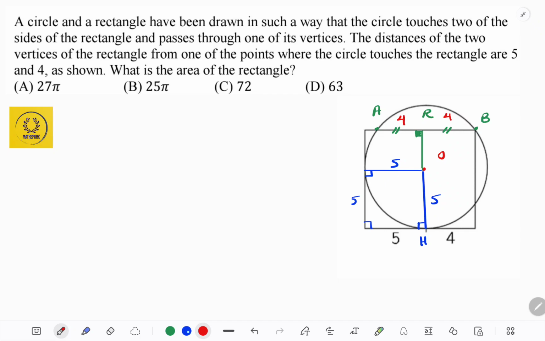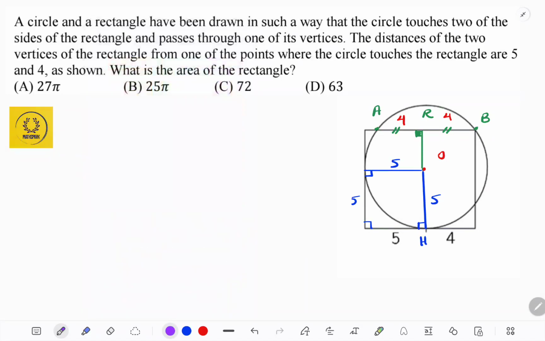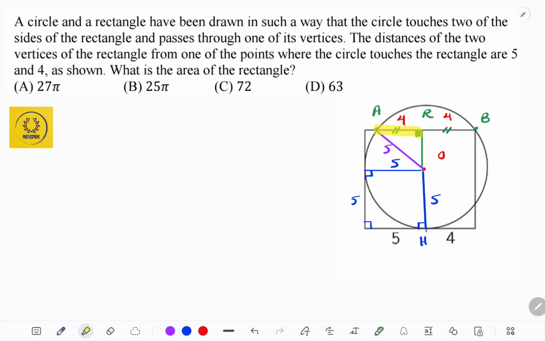And the final step, I'm gonna connect these 2 points, A and O, which is the center of this circle, and we know that the radius is 5. And now we have a right angled triangle here.